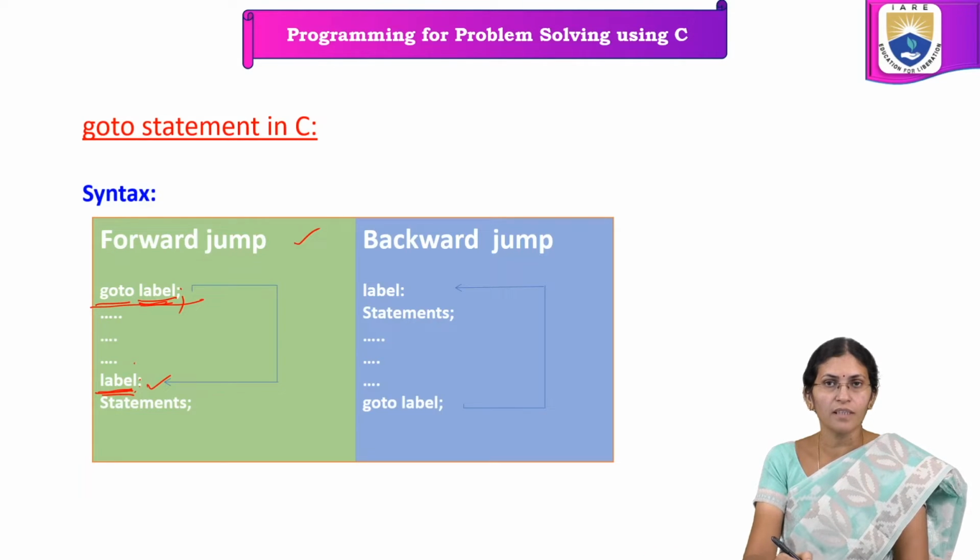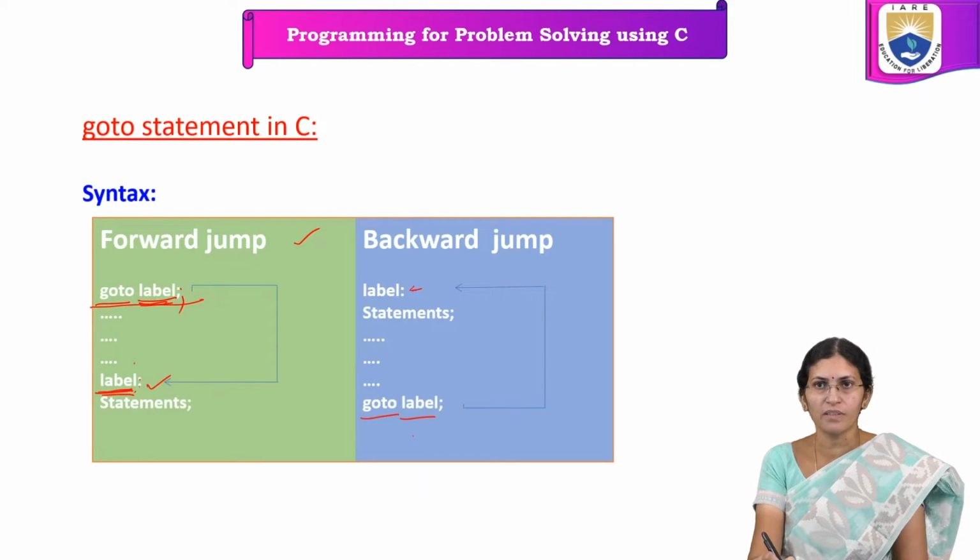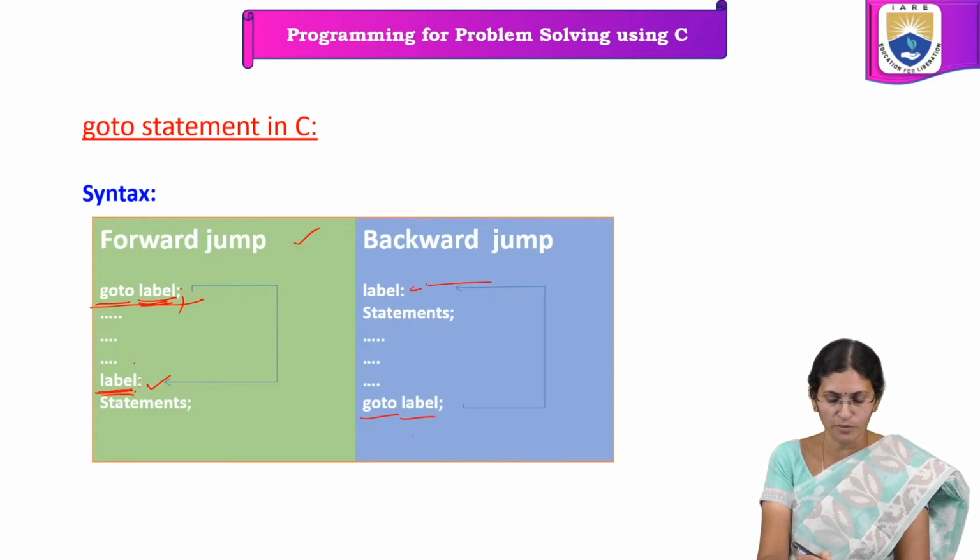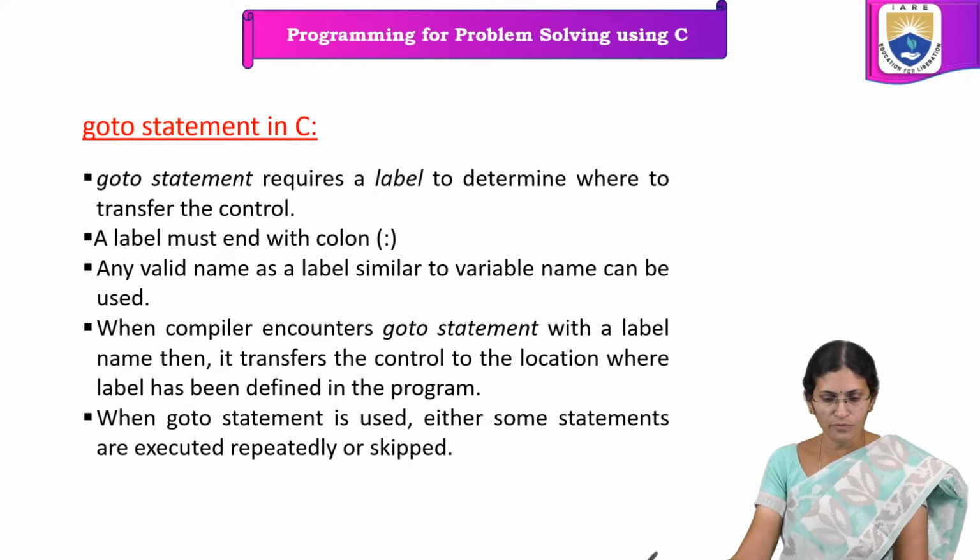This is the syntax of a forward jump and this is the syntax of a backward jump. In a backward jump, the Goto label comes afterwards, and the label is defined previously, before. So this is a backward jump and this one is a forward jump. Let us see the program for this.